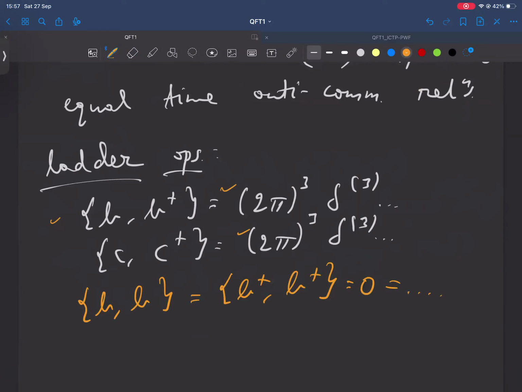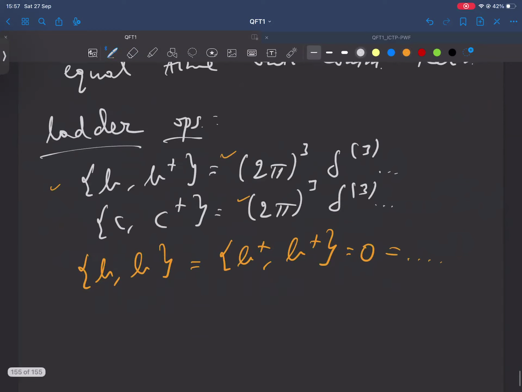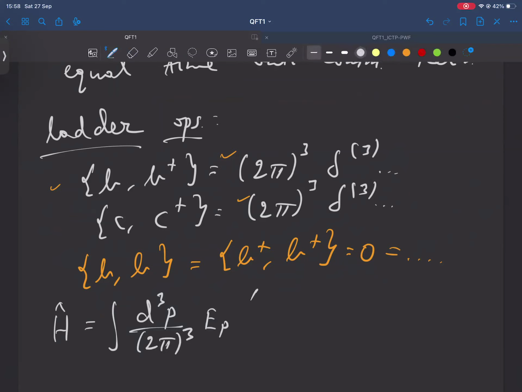So these all are zeros. So with all this, now if you write down the Hamiltonian, again, the derivation will go through exactly the same way, but we will have anti-commutator relations instead of commutators. And now the energy, the Hamiltonian density, when integrated, giving the total energy, will be nice, as we will see.